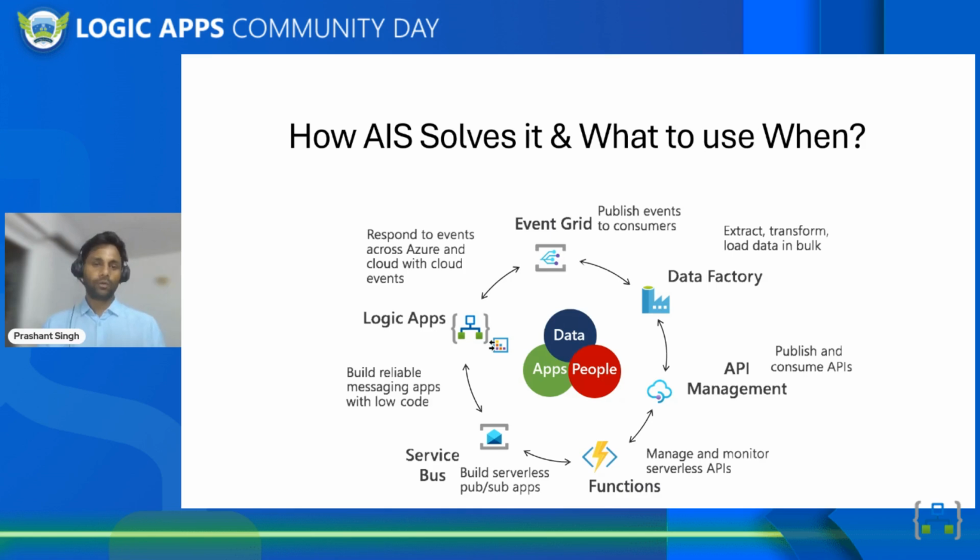It also gives you a developer portal through which your customers can come and try them out. You can expose your legacy APIs with OAuth 2.0 or other modern security features. Azure Function is where you write your own custom code or serverless APIs, so Azure Function is the place to be.